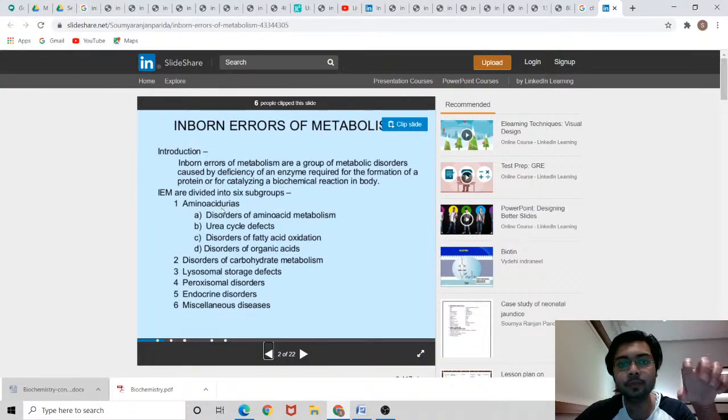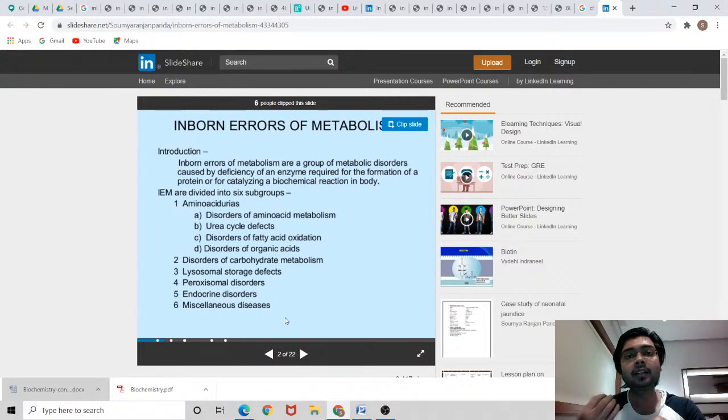If we see inborn errors of metabolism, these can be divided basically into 6 types: amino acid disorders, carbohydrate metabolism disorders, lysosomal storage disorders, peroxisomal, or some endocrine and miscellaneous. What is important first is you should know which enzyme is deficient.